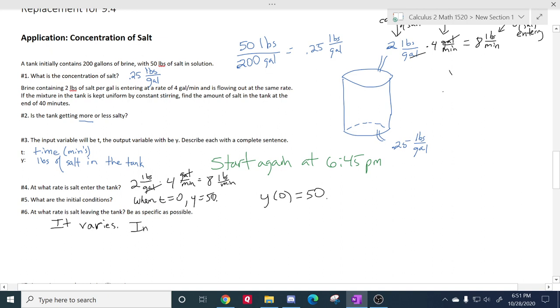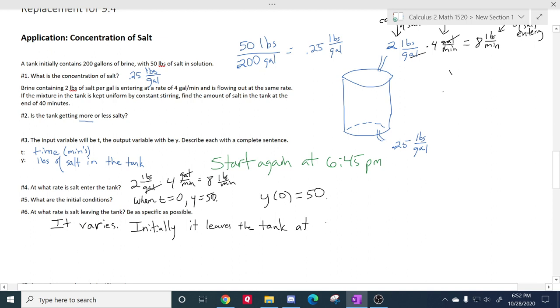Initially it leaves the tank at what rate? 1 pound per minute.